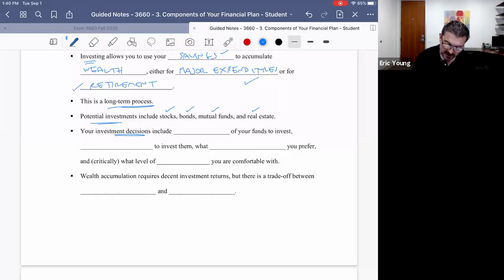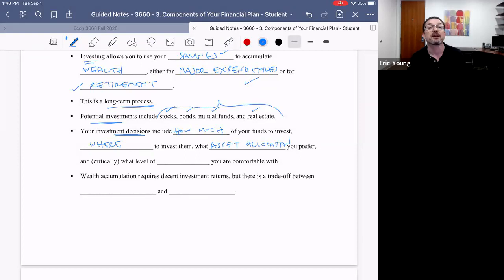Your investment decisions include, number 1, how much of your funds to invest. Number 2, where to invest them. Number 3, what asset allocation you prefer. Again, asset allocation refers to the proportion of these different investment vehicles that you have.